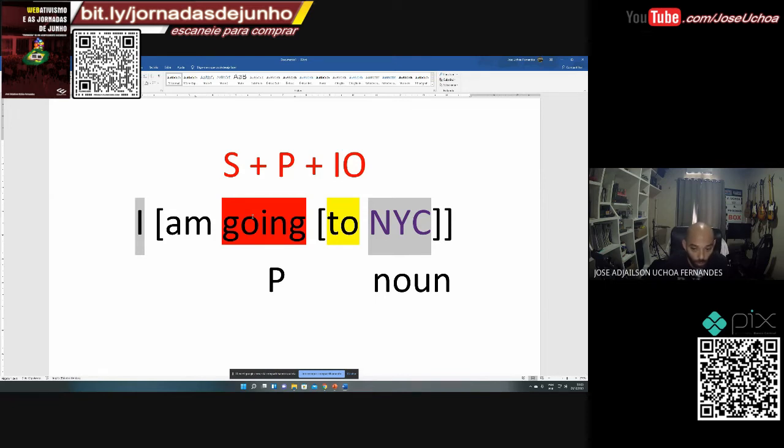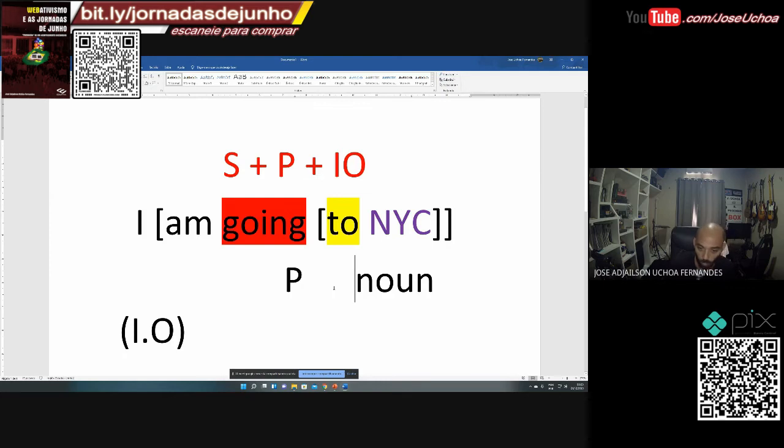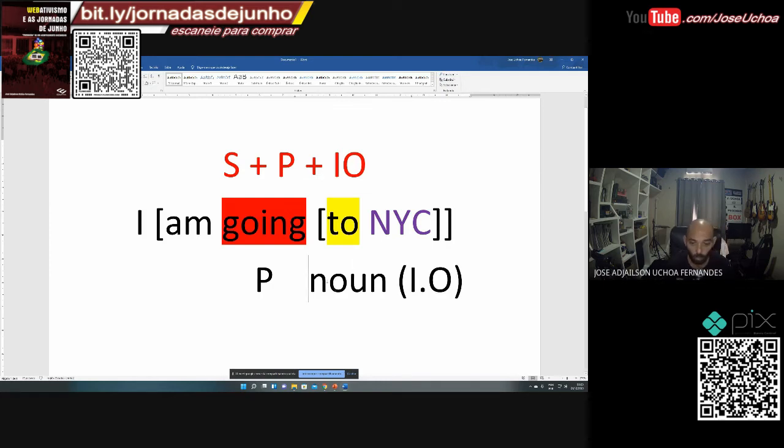So New York City is the indirect object here. This noun is the indirect object. Okay? In purple. New York City is an indirect object now.